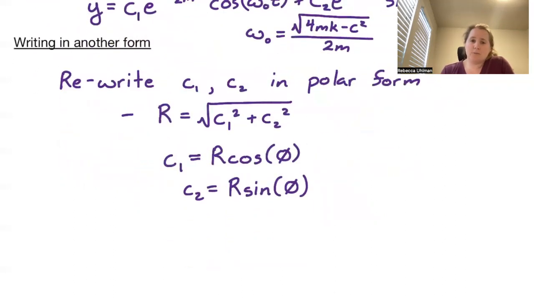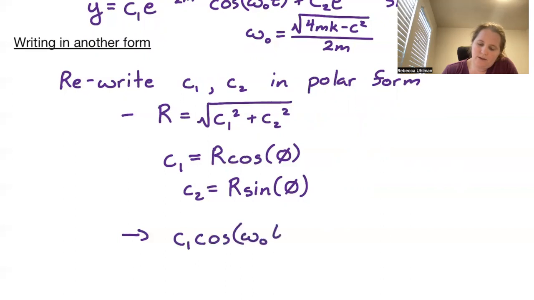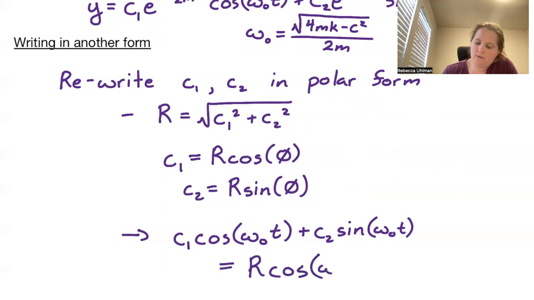Then just like we did previously, we know that C1 cosine omega naught t plus C2 sine omega naught t can be rewritten as R times cosine of omega naught t minus phi.